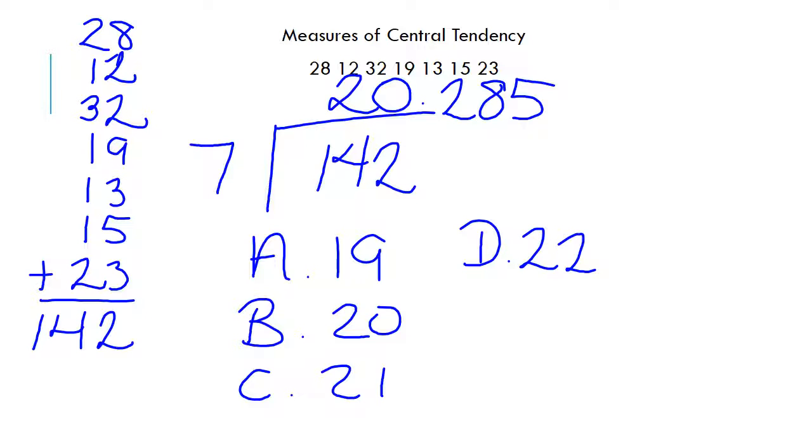If they asked you what was the mean of the set of numbers, which answer choice would you choose? Let me pull another stick. Okay, Ben, what would be the correct answer? Yes, the correct answer is B, because you would have to round. And when the number rounds, it rounds to 20. Good job.